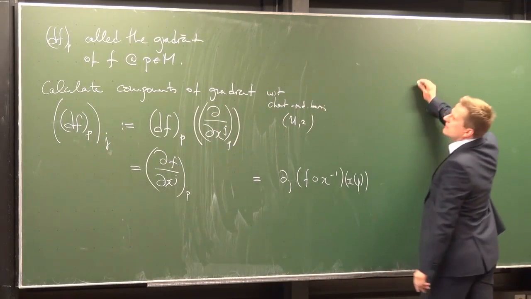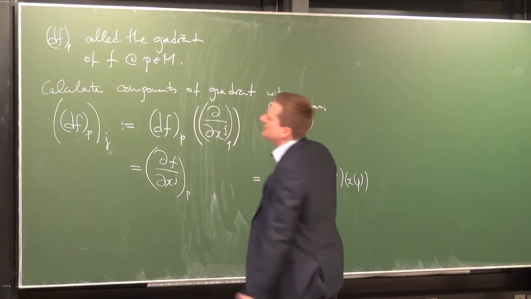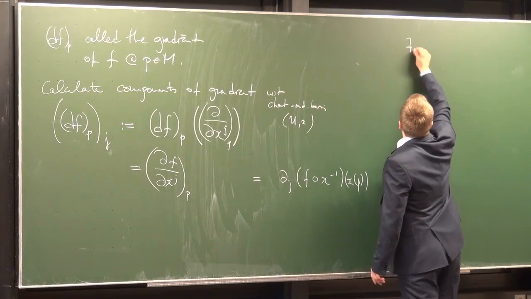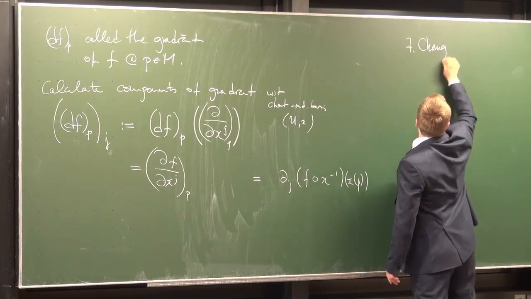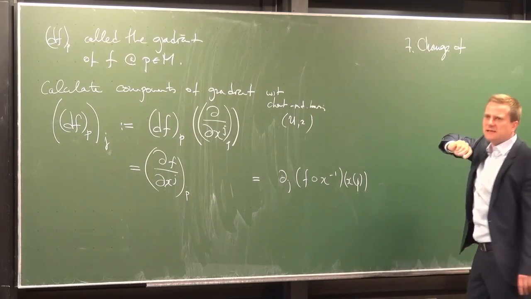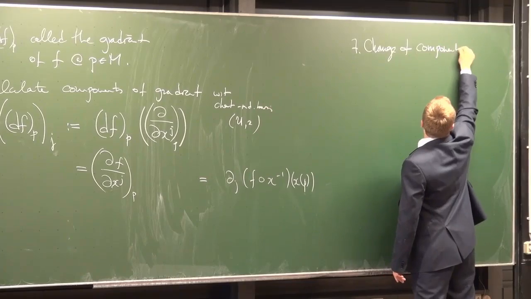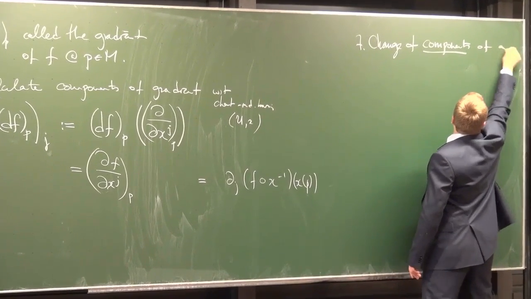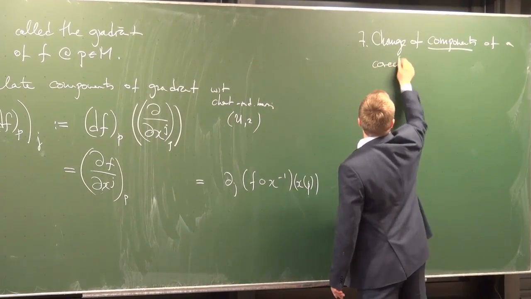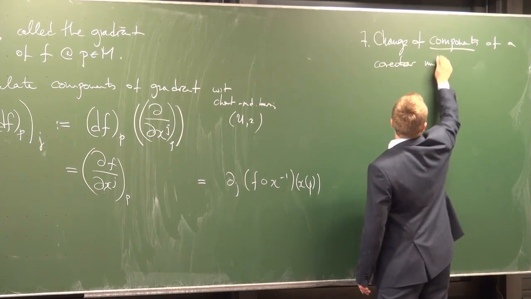So the final thing I write down is the change of components. I won't prove it because you believe it works exactly like for the vectors. Change of components of a covector under a change of chart.